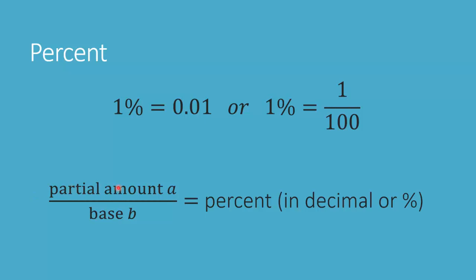Well, your partial would be 3 slices, and the base is the total, which would be 8 slices, the whole pizza. And so you get 3 divided by 8, and you get a percent. That will be written either in decimal form, 0.375, or in percent form, which would be 37.5%.